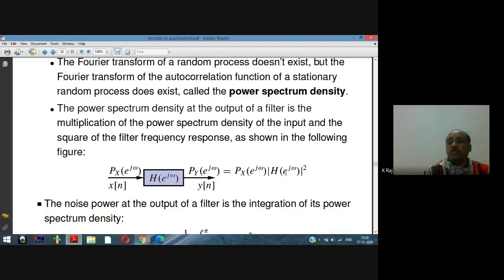That is, if x[n] is the input and the power related to it is Px(e^jω), and H(e^jω) is the transfer function or the system function, then the output power Py(e^jω) is equal to the input power multiplied by the square of the transfer function. H(z) is the system function, and when z is replaced by e^jω, it becomes the frequency response of the system or the filter.